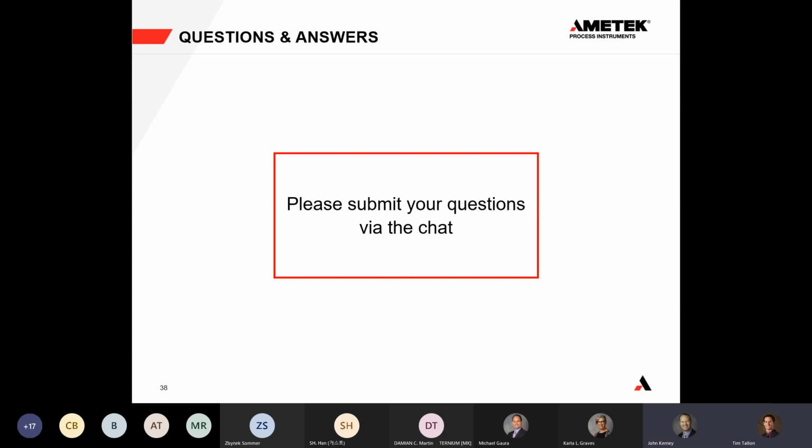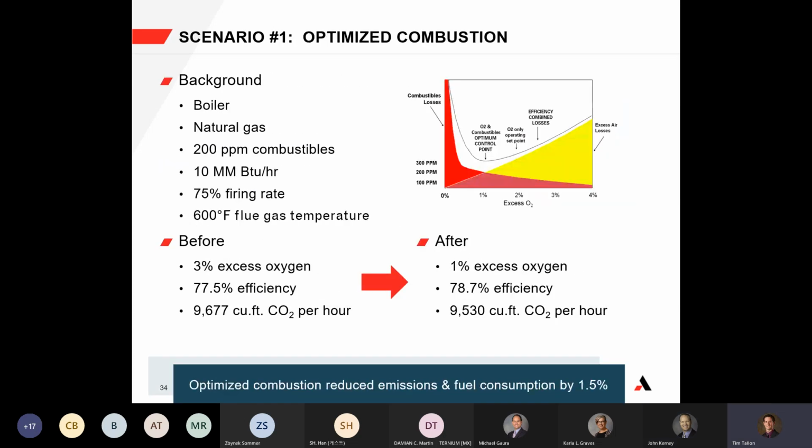Sure. So I'll go back to my example. I think the biggest point is not to operate with just oxygen measurement, because if you just lower your oxygen set point, you're blind to that low end of combustibles losses, and you absolutely want to prevent combustibles breakthrough. So it's a combination of combustibles measurement and oxygen measurement, and you want to give some flexibility in your process so that you don't hit the combustibles breakthrough.